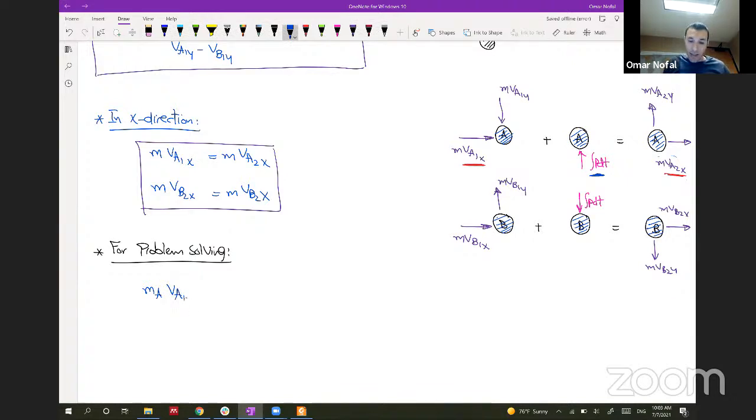MA VA1 in y direction, plus MB VB1 in y direction will be equal to MA VA2 in y direction plus MB VB2 in y direction. This is the first equation, and y direction is the line of impact.